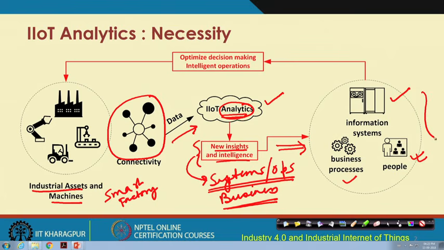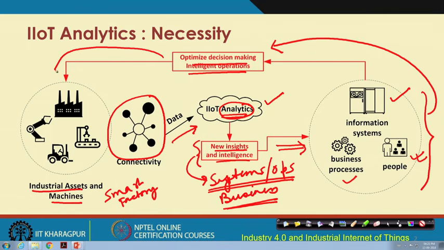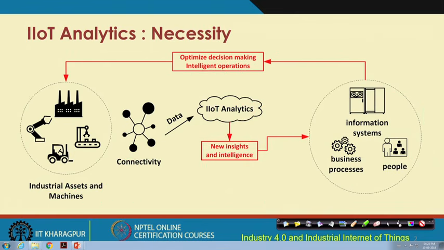So, any of them could help further to feedback and provide optimal decision making and intelligent operations, and those decisions are again fed back to these machines for improved operations, improved decision making and further intelligence and so on. So, this is more or less this cycle where analytics finds a lot of use, and the core thing over here is to derive new insights and intelligence for which these different methods of analytics are going to be used.